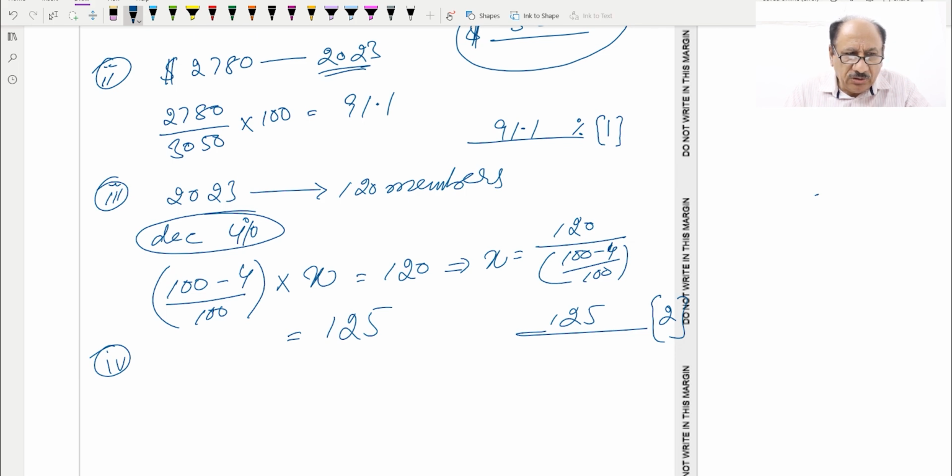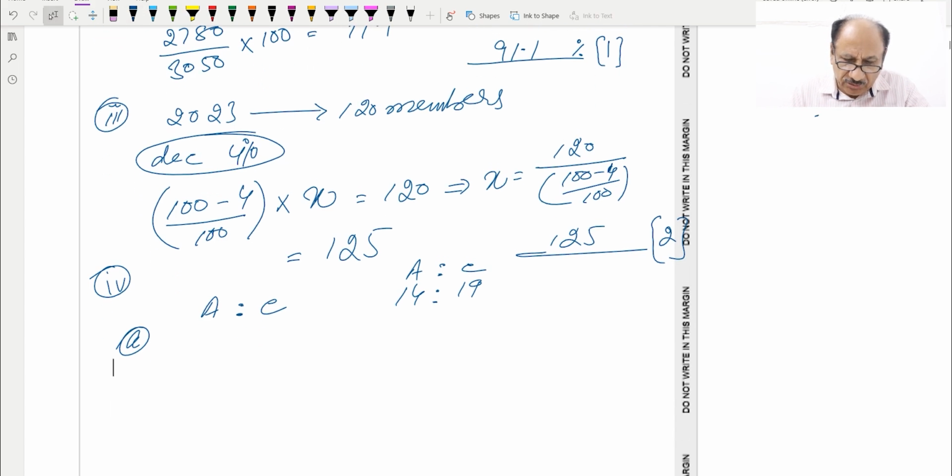The ratio of adults to children changed to 14 to 19. So adult ratio child is changed to this new ratio. Find the total number of members in 2024. In part A, we need to find the total members in 2024.